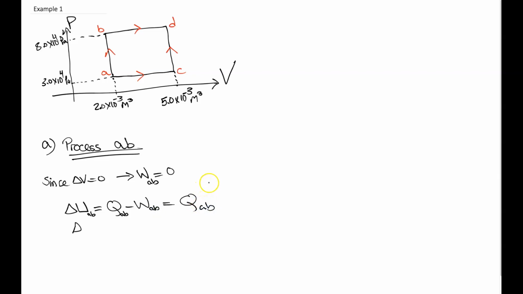We are told that in the process AB, 150 joules of heat is added. So we know that QAB is 150 joules, which means that the change in internal energy for process AB is 150 joules.